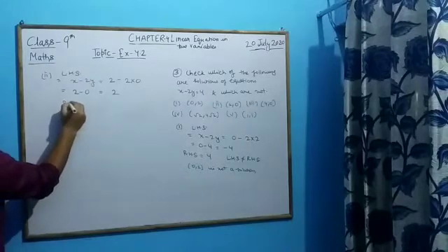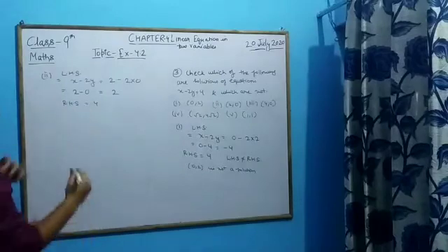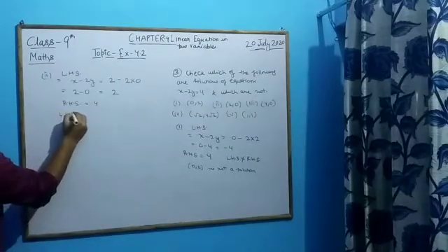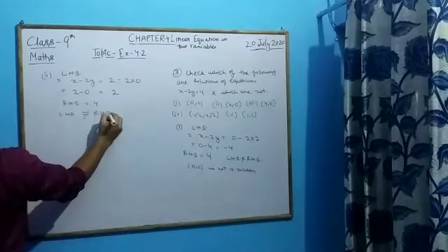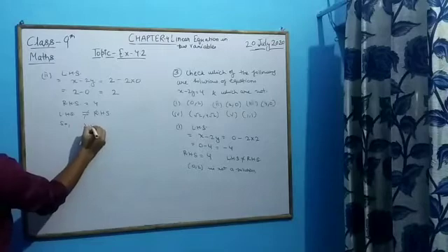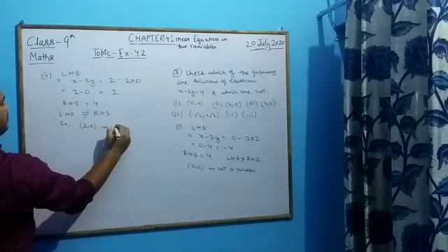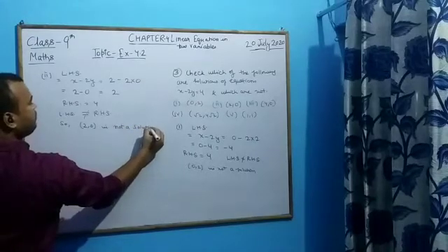And what is right hand side? Right hand side is 4. Both are not same. We can write left hand side is not equal to right hand side. So 2 comma 0 is not a solution.